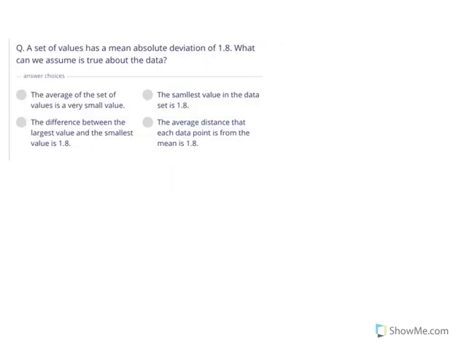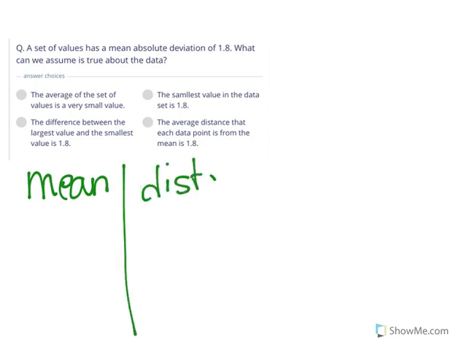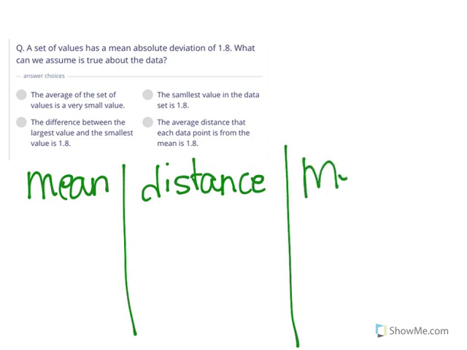Okay, question number 9. A set of values have a mean absolute deviation of 1.8. So remember, you have your mean, then you find your distance, then you find your mean again of the distance.